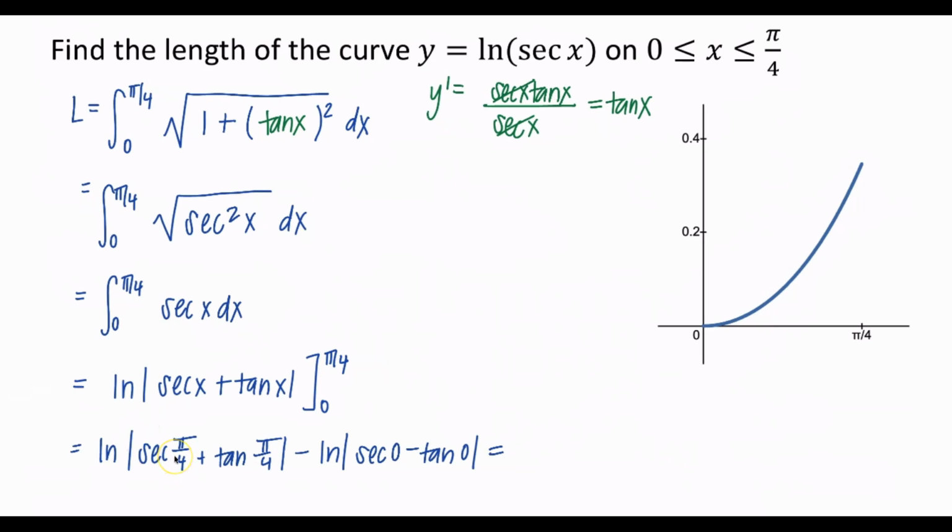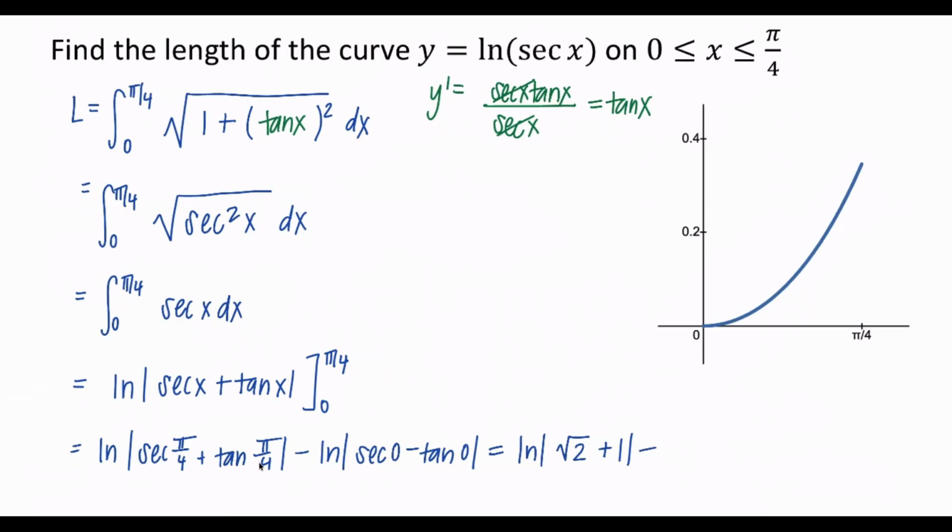And so now secant of pi over 4, so we're thinking 1 over cosine of pi over 4, so 1 over rad 2, so that's just going to be radical 2. So I know I am skipping the evaluation of trig functions. Go back and review that. Definitely need to evaluate trig functions. And then tangent of pi over 4 is 1.